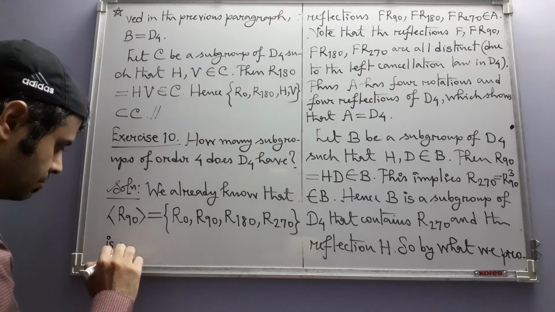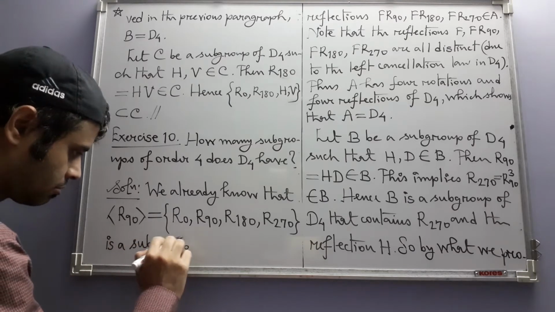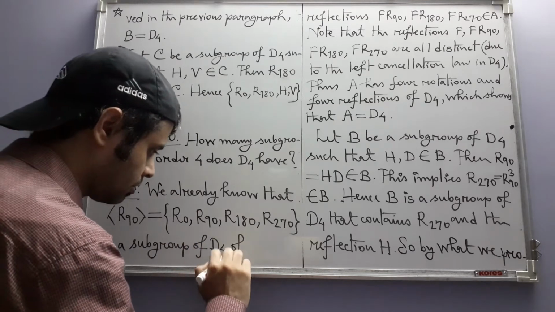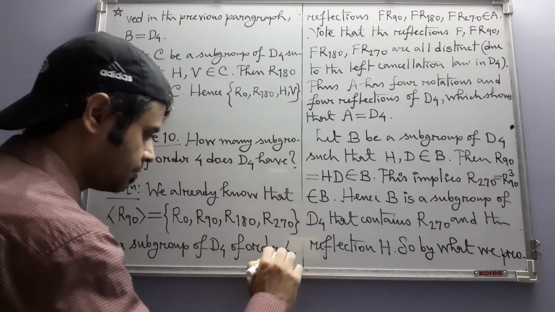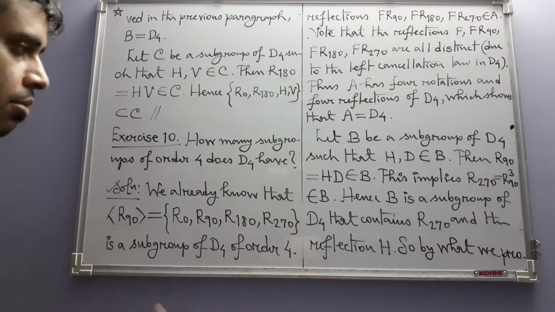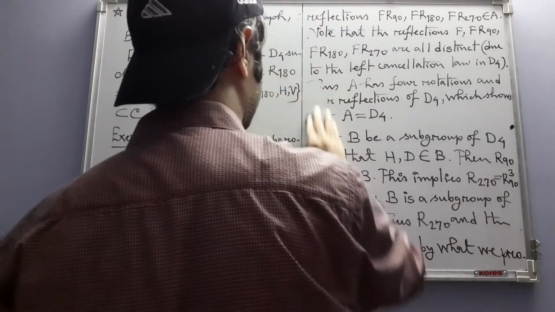But is there any other subgroup of D4 of order 4? If so, what are those subgroups that we have to now find?